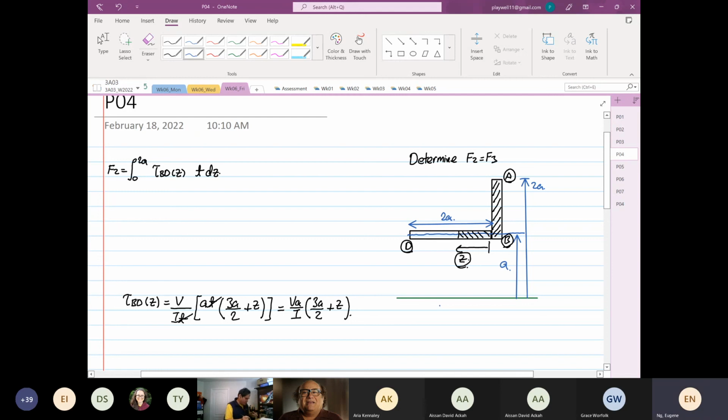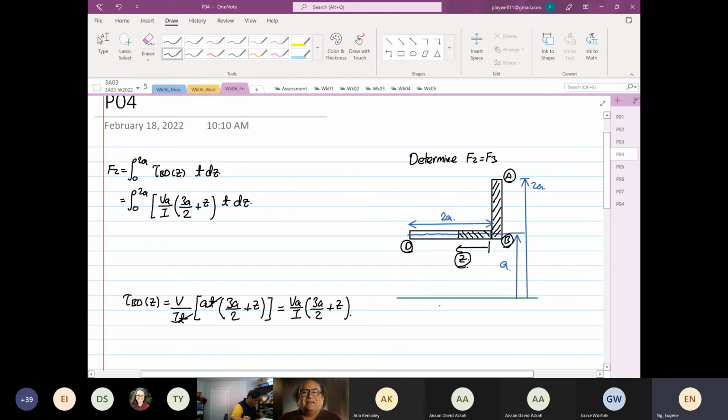Okay, we are aware, that's why the limits are 0 to 2a. So from here, this will be equal to 0 to 2a. So we have VA over I, in fact, it should be square bracket. I do apologize. VA over I, 3A over 2 plus Z, T dz.